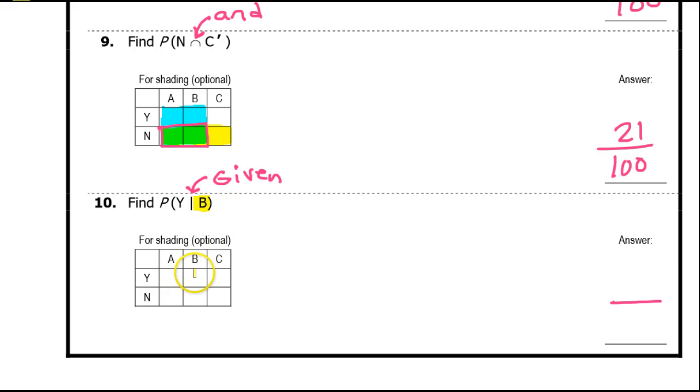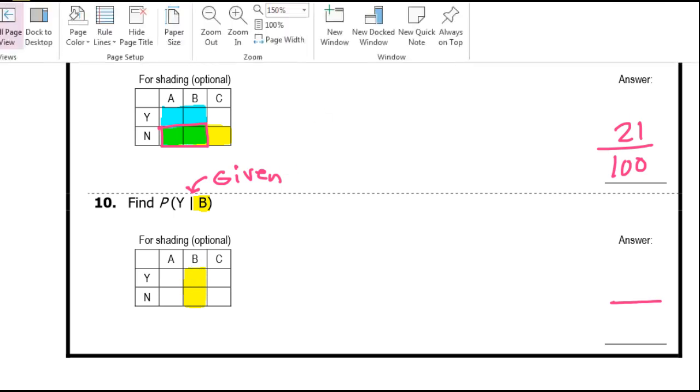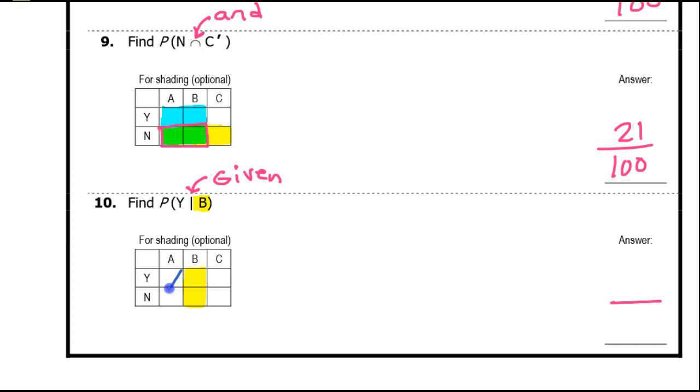So in this case, the given is B. All right, group B. So I'm going to highlight the given and I'm going to cross out everything else. So that means I'm going to forget about A and C. Highlight the given, cross out everything else. So because I'm crossing things out, that's why the total changes.